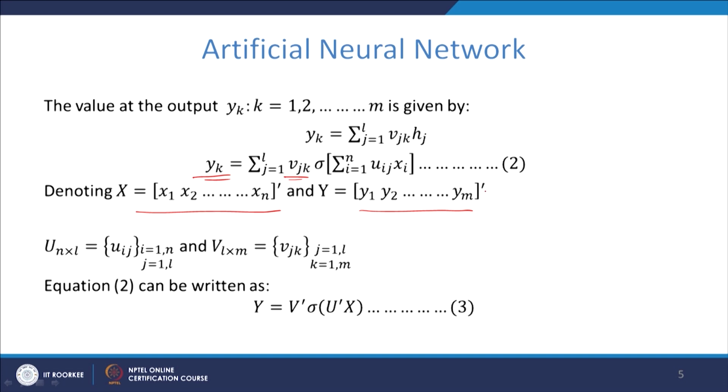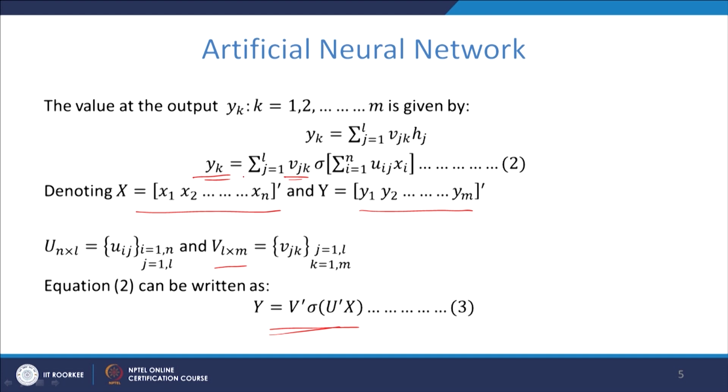Instead of writing using the summation, we can write them in the matrix form like this. If capital U is the matrix Uij and capital V is the matrix Vjk, the elements are given by this, with L rows and m columns as given here.